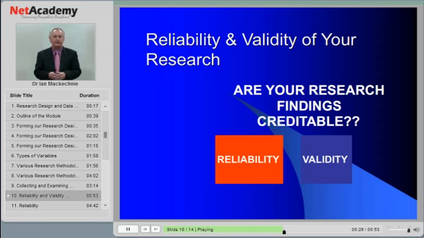And credible means that they've got to be believable. And a lot of that will have to do with the method, the means we go about collecting our data. So let's now look at what we mean by reliability and validity and give some examples of how different factors may influence the results of the data that we collect.